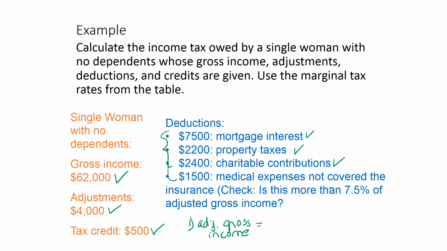The adjusted gross income is, of course, the gross income minus the adjustments. So in this case, the gross income is $62,000 minus the adjustments of $4,000. So that would give $58,000.